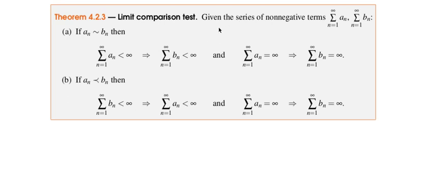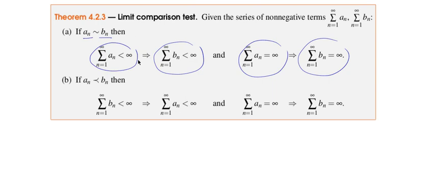So if you have two sequences that are asymptotically equivalent, then if one is convergent, the other is convergent, and if one is divergent, the other is divergent. Remember, the series and the sequence are not the same: the series associated with these sequences will have the same convergence.